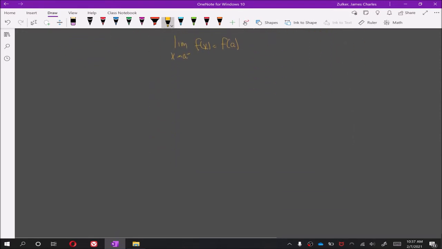The final type of discontinuity, or special discontinuity, is something like this. There's A. Right, this is a vertical asymptote, right? Notice that the left-handed limit is infinite, and in this case, the right-handed limit happens to be infinite.